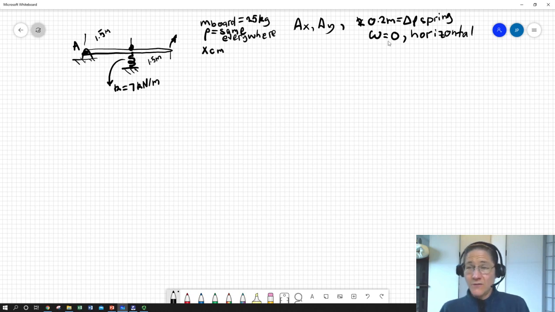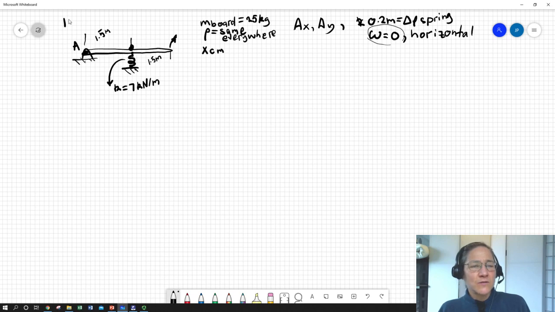We'll use that in our FBD, and we'll use this in our kinematics to get an expression for angular acceleration and relate that to the acceleration of the center of mass, and then we'll try to use that in our FBDs to say something about these two support reactions.